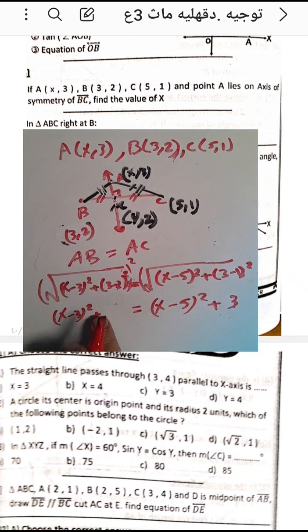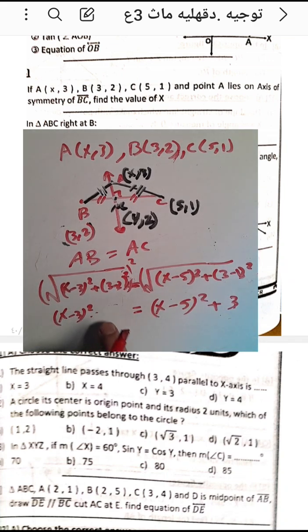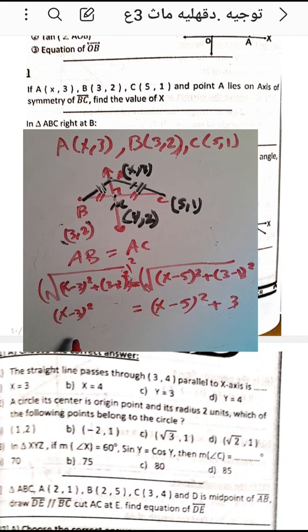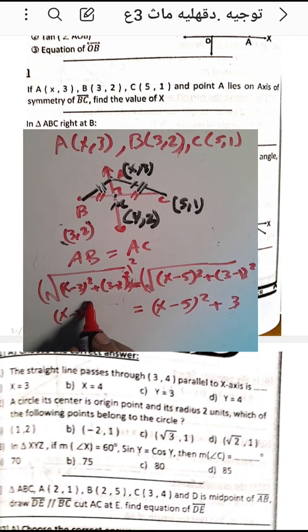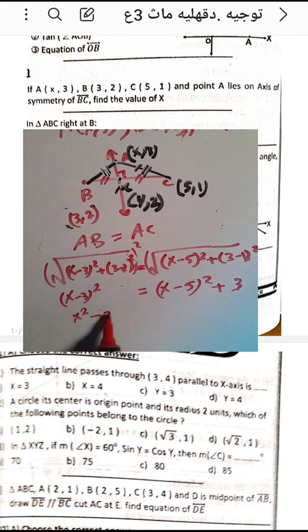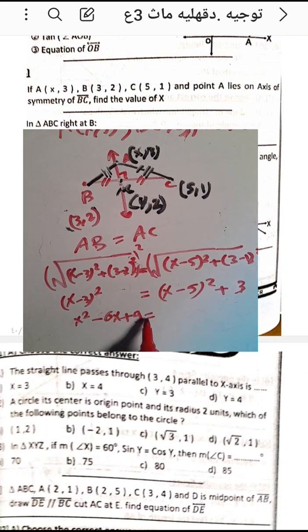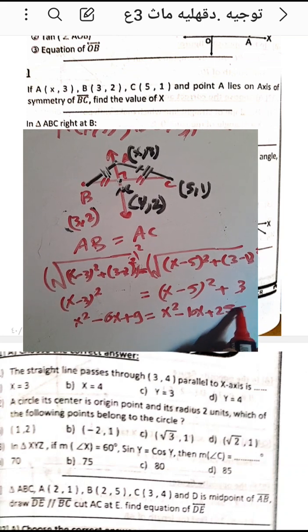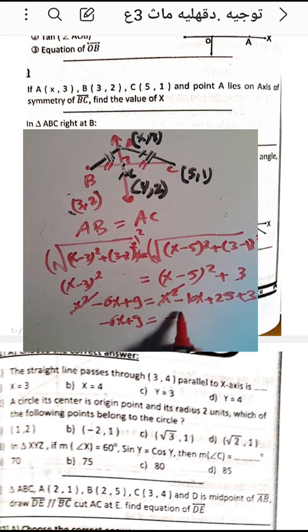Add negative 1 to left hand side and right hand side, and then x minus 3 power 2 will be x power 2 subtract 6x plus 9, and here x power 2 subtract 10x plus 25 plus 3. Cancel x power 2 by x power 2. Negative 6x plus 9 will be equal to negative 10x plus 28.